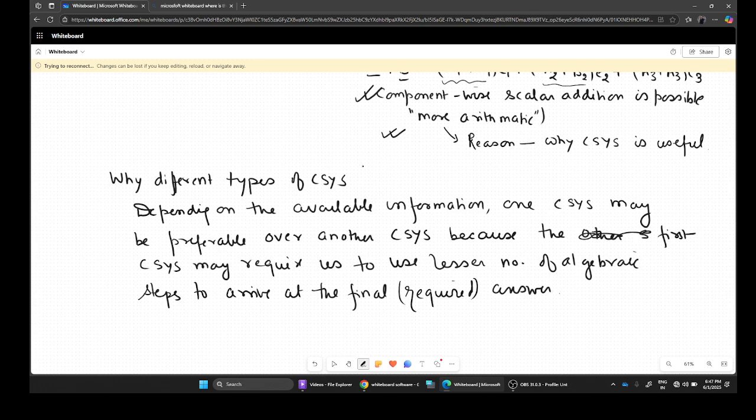That's why we need different coordinate systems.